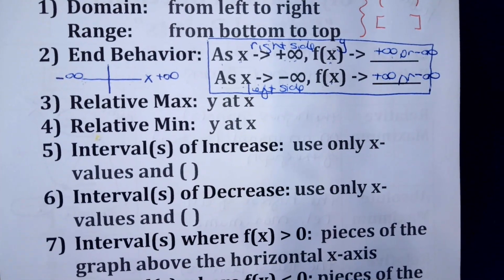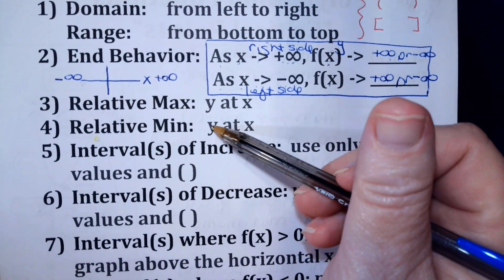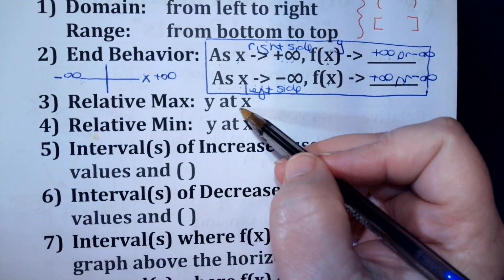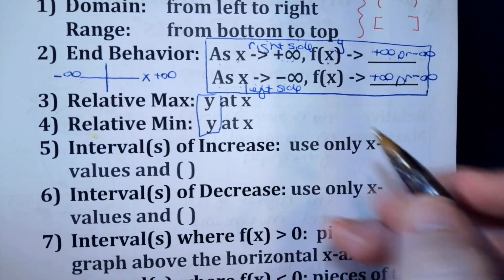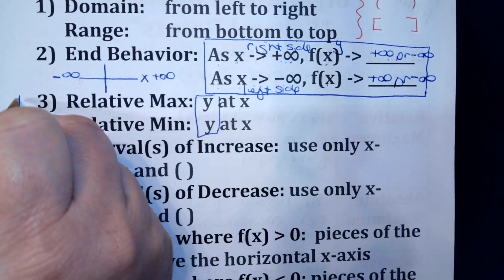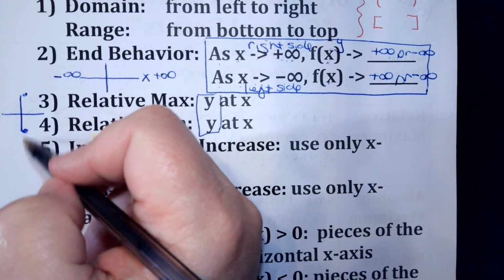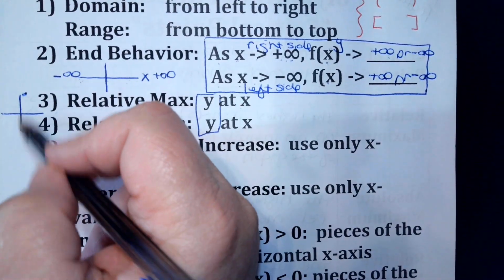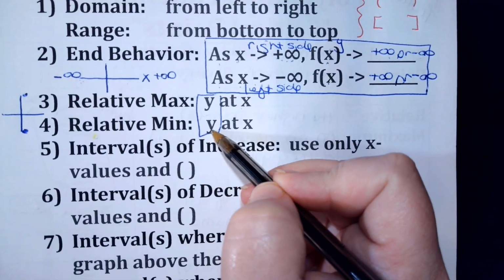All right, your relative max and relative min. All right, we're not going to write these as ordered pairs. We're either going to write it as a fancy way, we're going to say the y value at the x, or we might just say the y value. Because if you're talking about a relative max and a relative min, max and min, that's a vertical. So since we're talking about a vertical, we're talking about the vertical axis, which is the y. So it really wants to emphasize the y value.